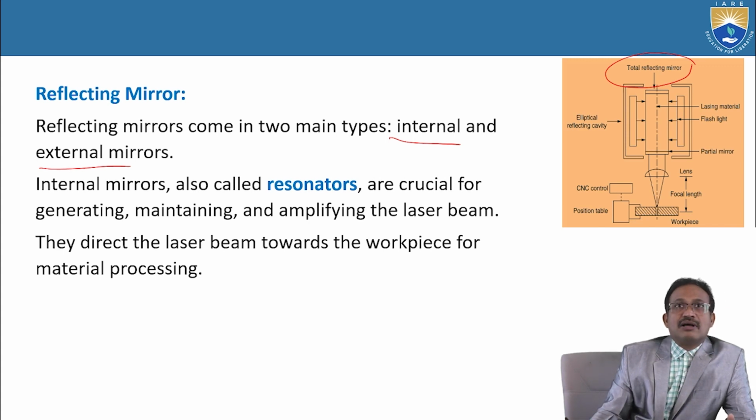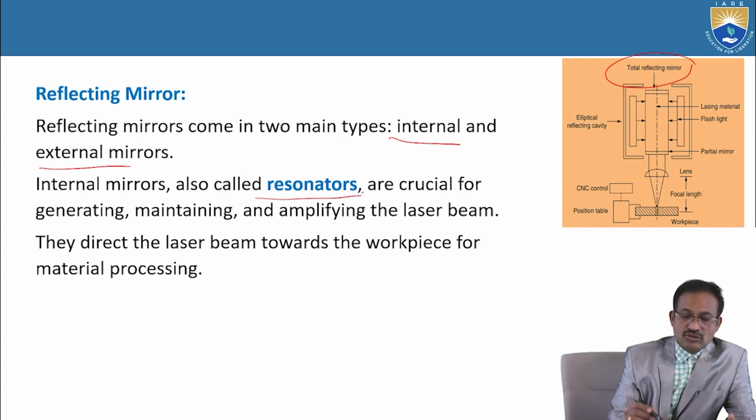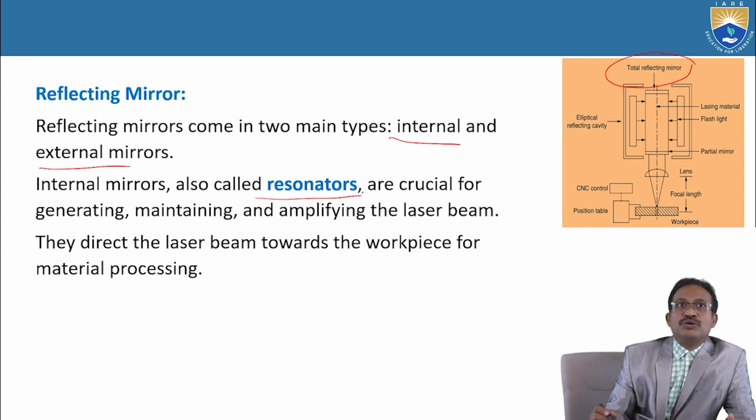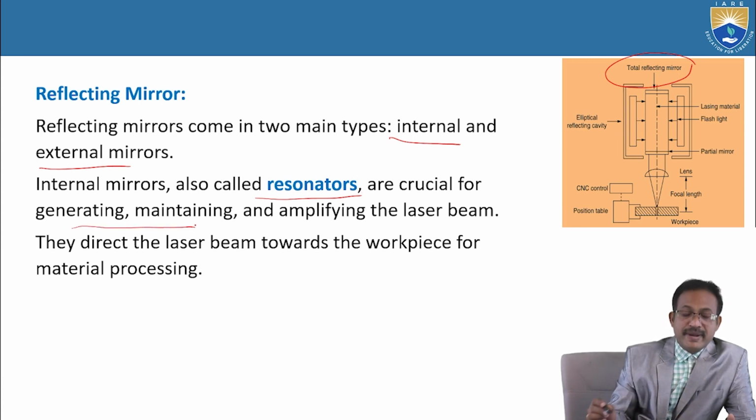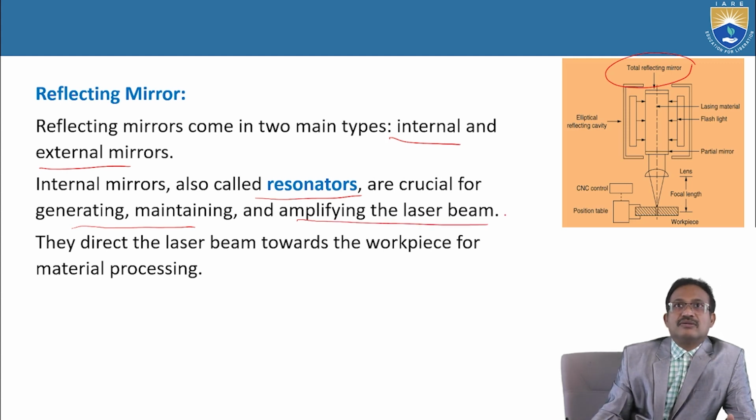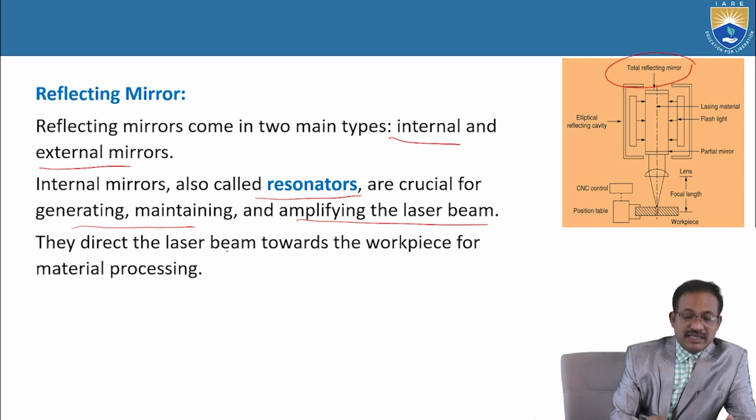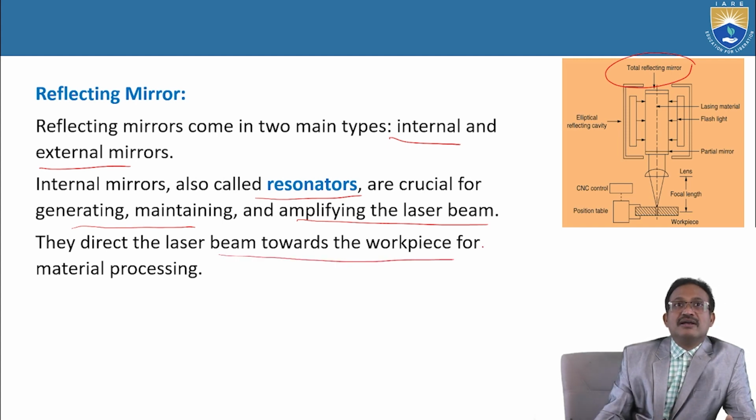Internal mirrors, also called resonators, are crucial for generating, maintaining and amplifying the laser beam. They direct the laser beam towards the workpiece for material processing.